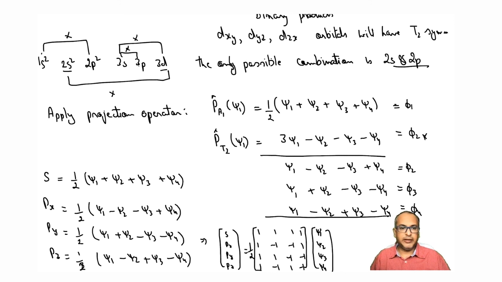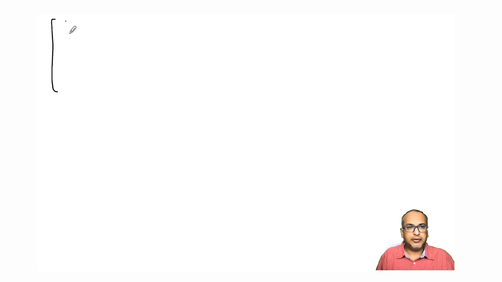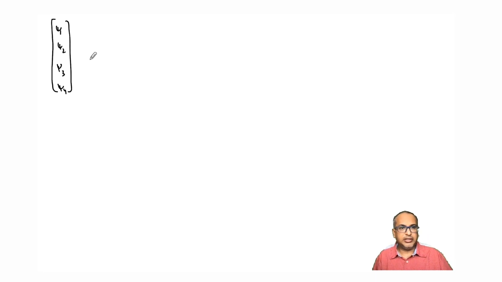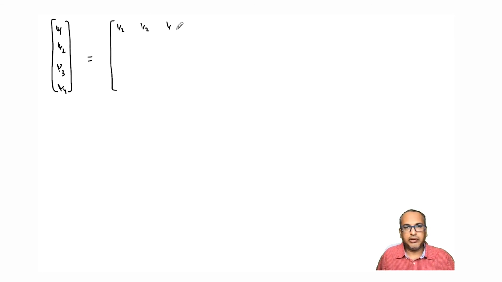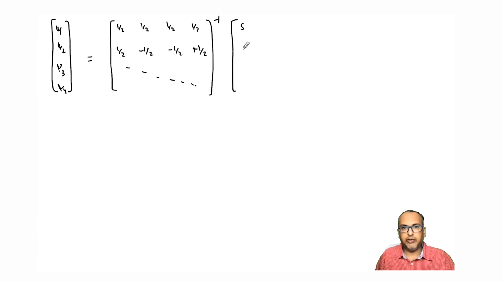I can say that psi1 psi2 psi3 psi4 is equal to S px py pz times half, with plus and minus half entries, the inverse of this, and so on. You can write the rest of the components.